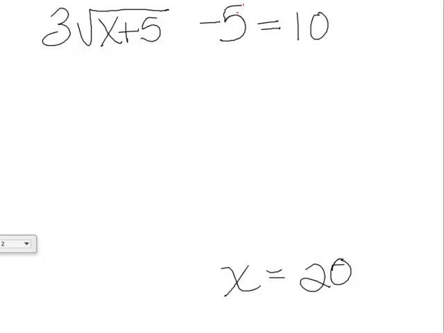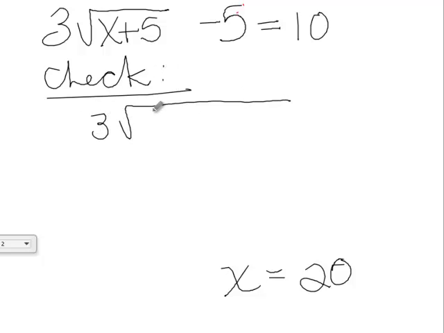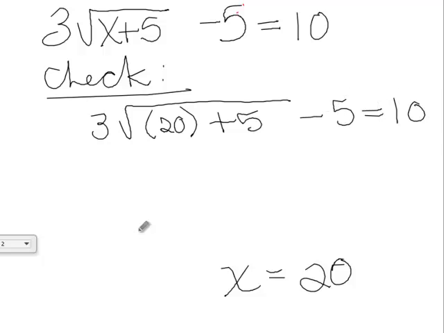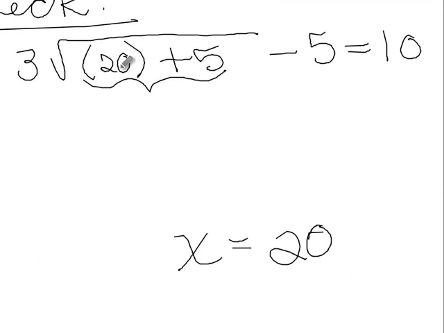So what that's going to give us for our check is 3 times the square root of 20 plus 5, minus 5 equals 10. So now we just follow order of operations, and the first thing we'll do is the 20 plus 5, which is 25.